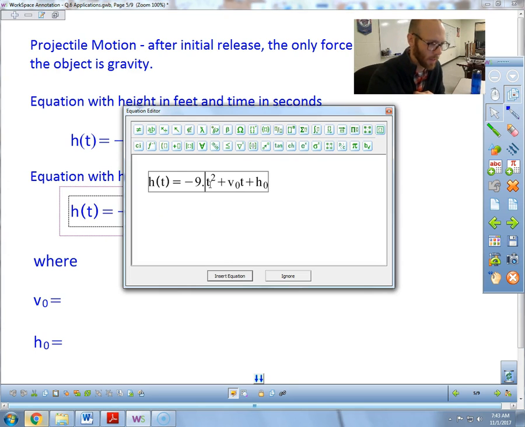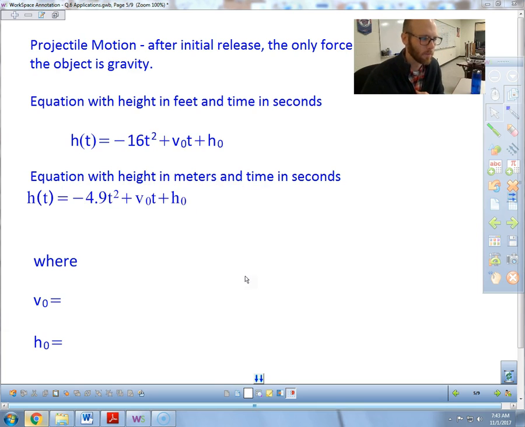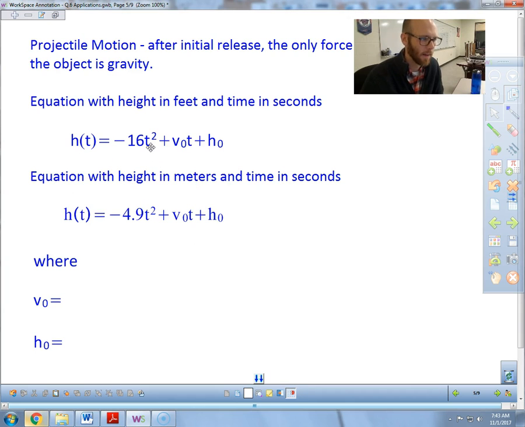It should have a negative 4.9. And I kind of give away the relationship between the acceleration due to gravity and this leading coefficient. The leading coefficient is half the acceleration due to gravity. And you might be asking why, and that's why I'm excited to teach you calculus later, where we can understand where these equations come from.